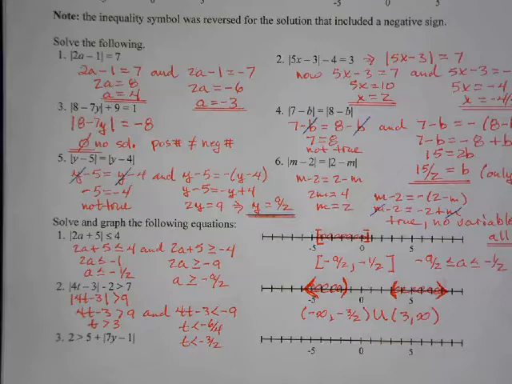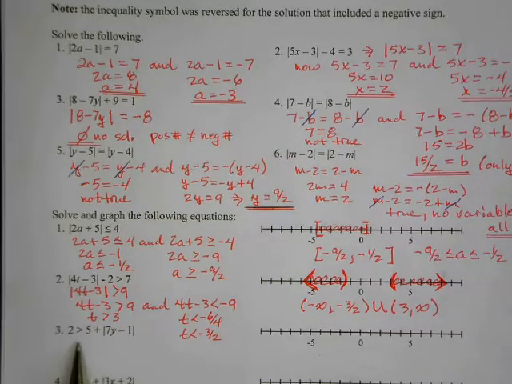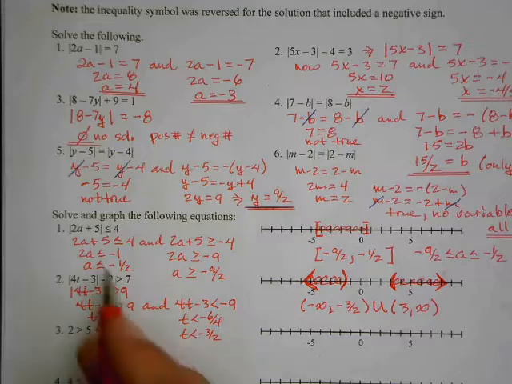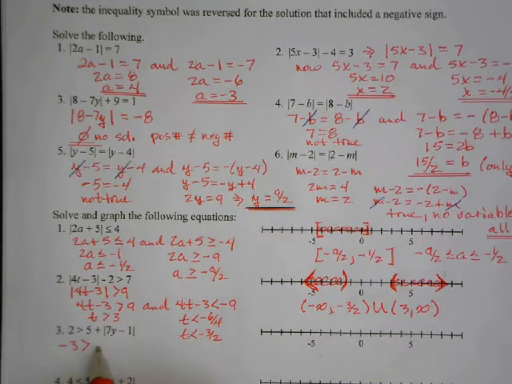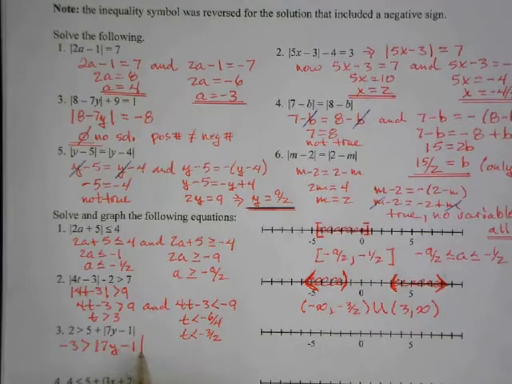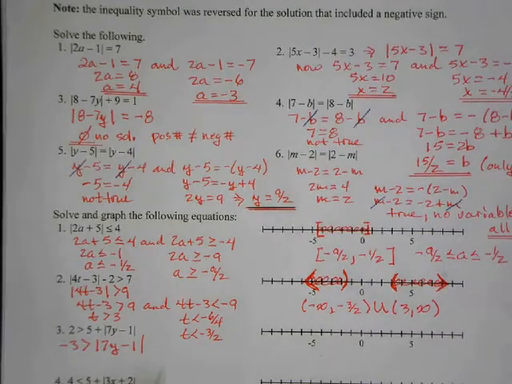All right. Here we're going to move the 5. What do you think? I got -3 is greater than the absolute value of 7y minus 1.